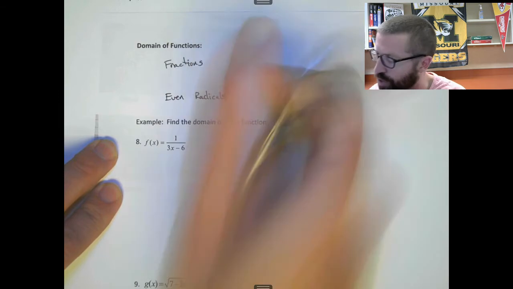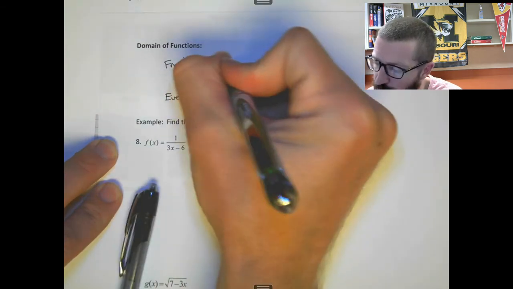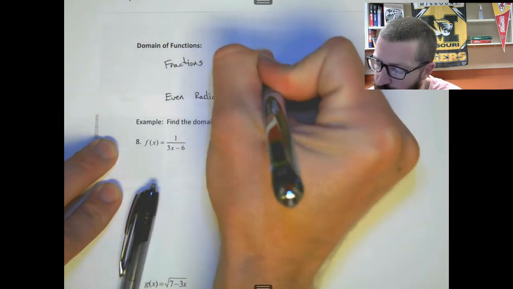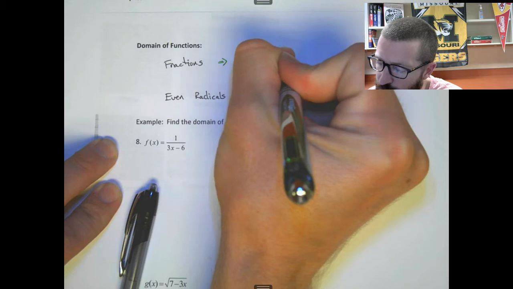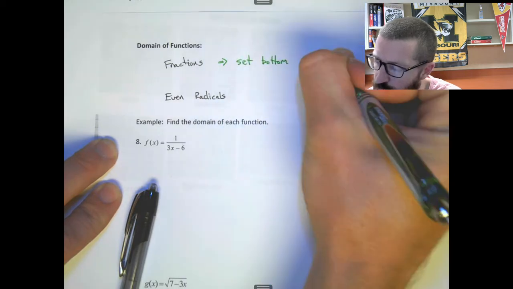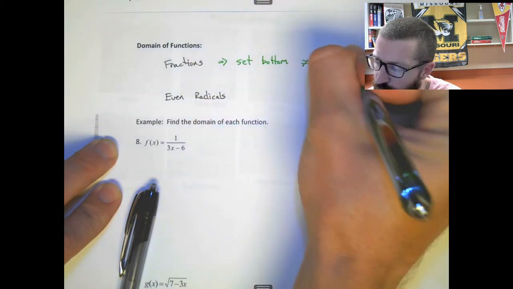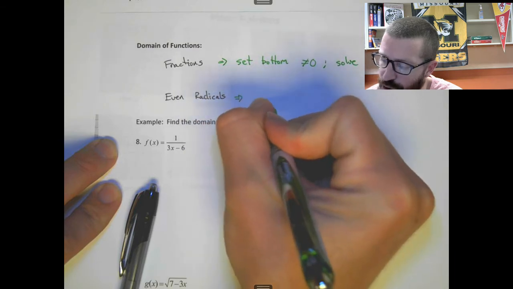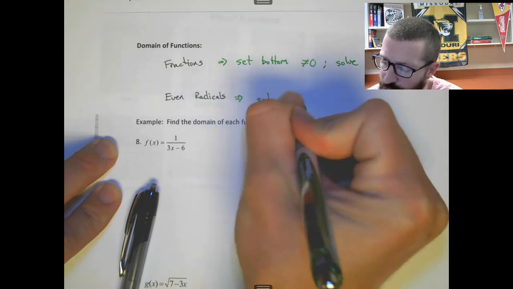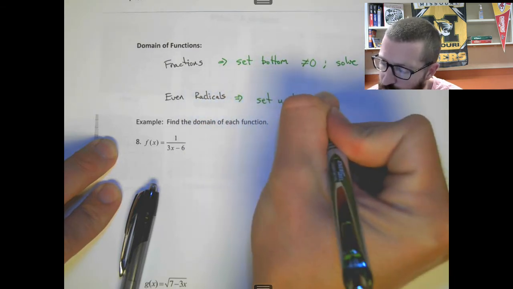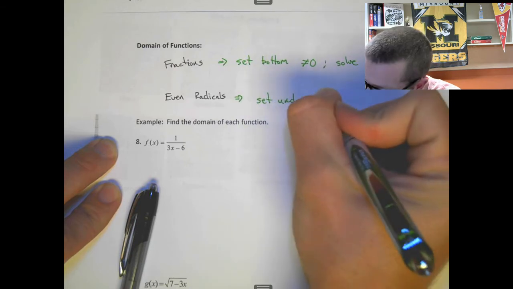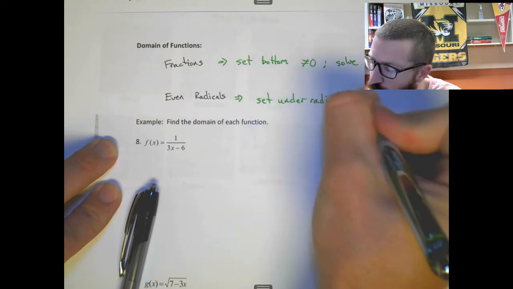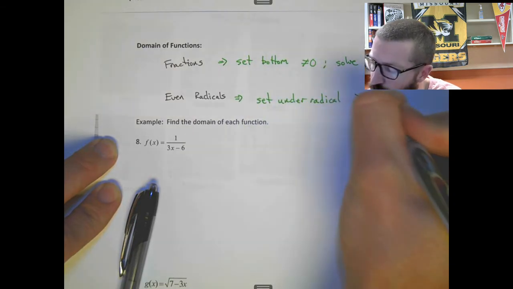So with fractions, your rule is to set the bottom not equal to 0 and then solve. With even radicals, the rule is set the expression under the radical greater than or equal to 0 and then solve.